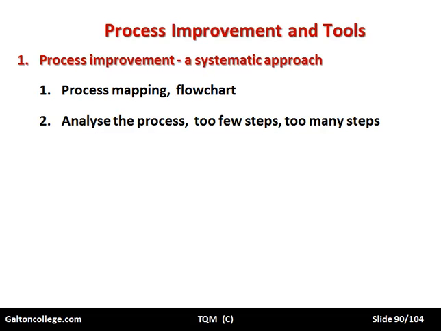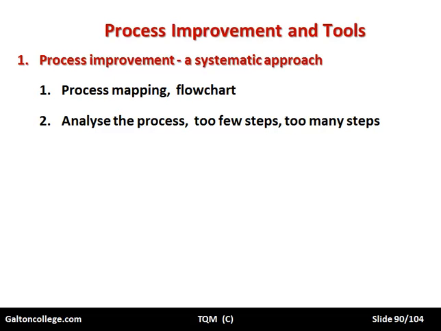Analyze the process. Are there too many steps in the process or too few? Is the production process very long? If it's very long, there's more opportunity for it to go wrong. If it's short, then it may not be capable of producing quality, because each part of the process is doing many functions, and if one of the functions goes wrong, that whole batch is lost.